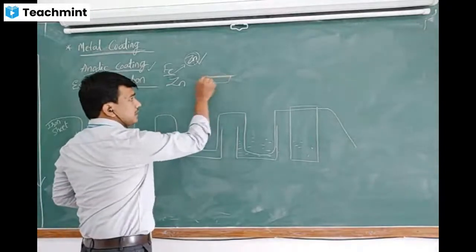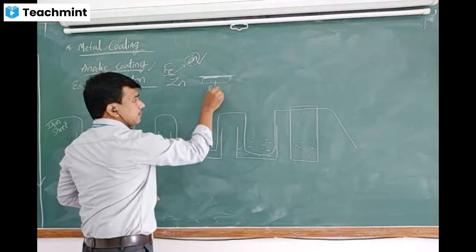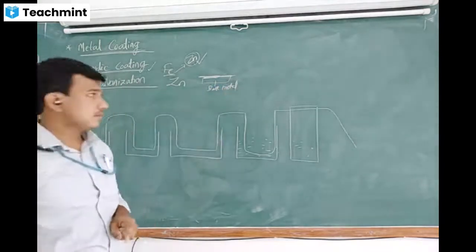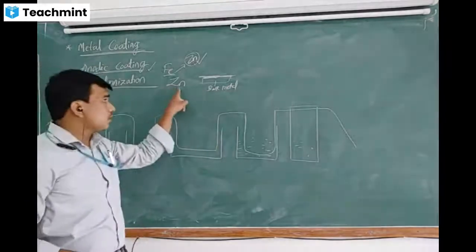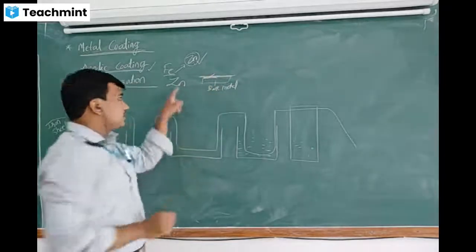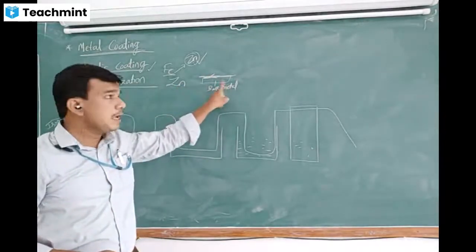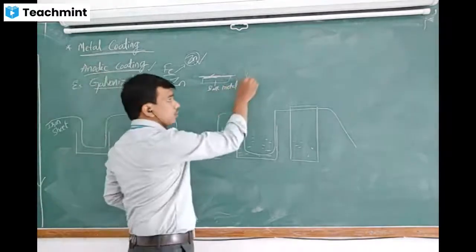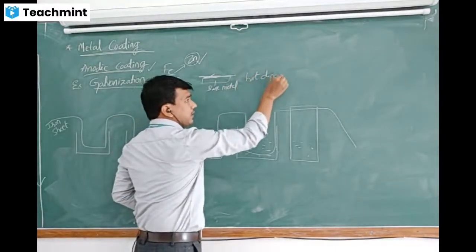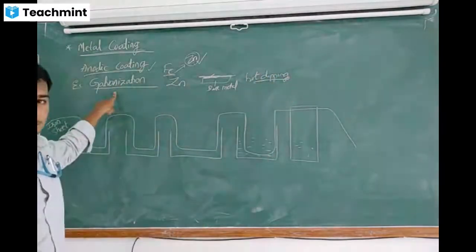The base metal may be iron, copper, like this, and zinc is the coating metal. Coating of zinc metal on the base metal surface by the hot dipping process is called galvanization.